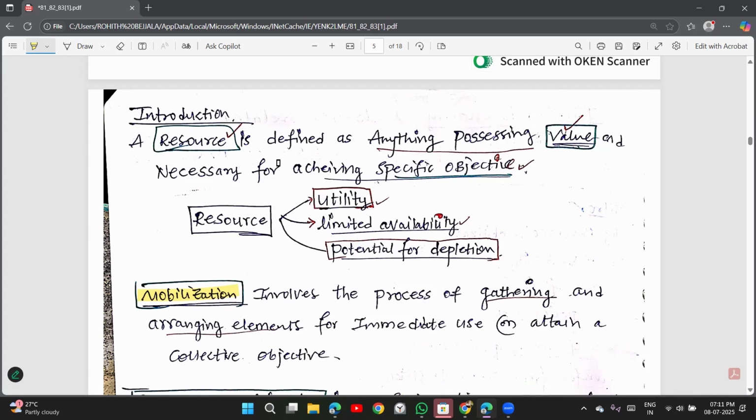For example, think of mineral resources. Coal is used in making electricity, and it is available very limitedly, and it has high potential for depletion. Resources will give you money, power, and whatever is needed for achieving a certain objective. That is all about resource.